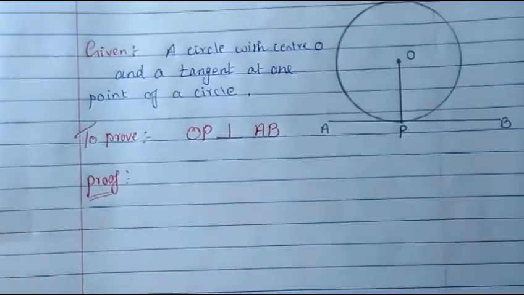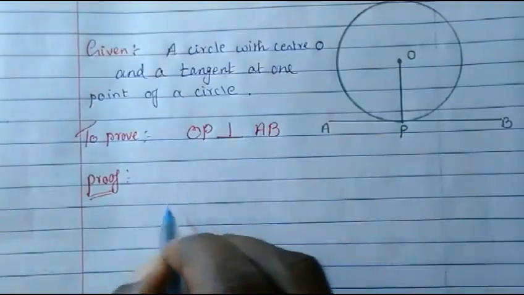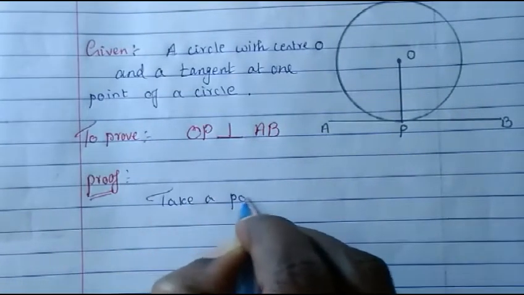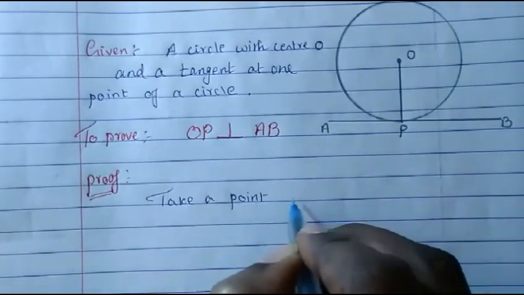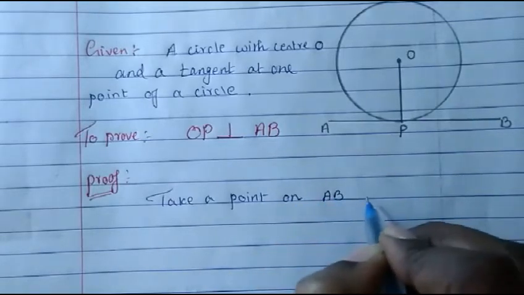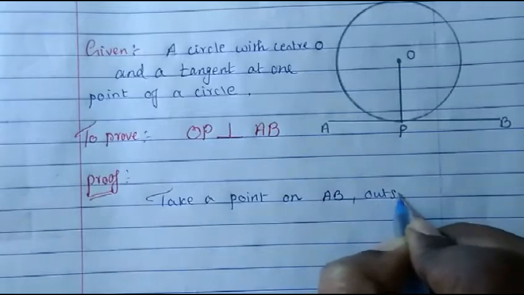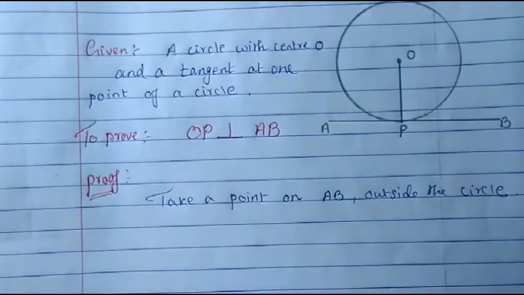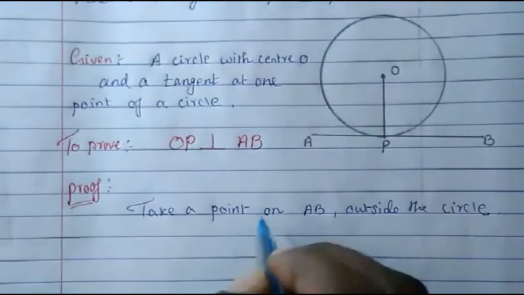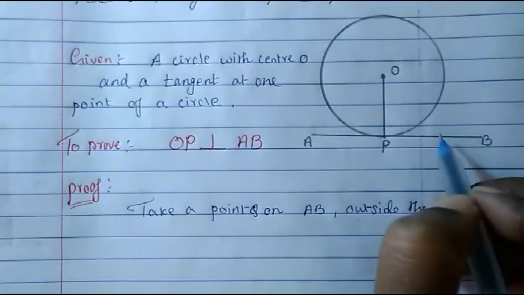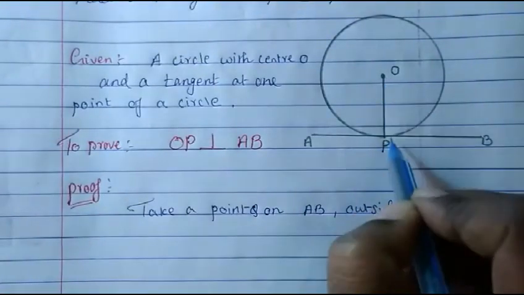Is it clear now? So let's first take a point Q on AB, outside the circle. On the line AB we take one point other than the point of contact.